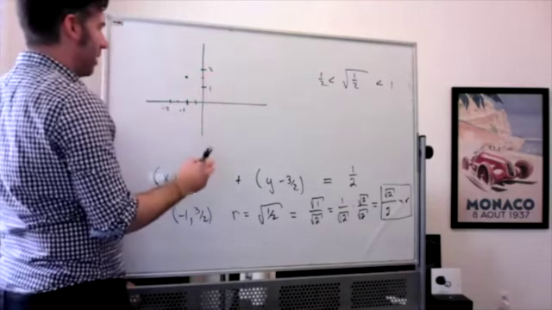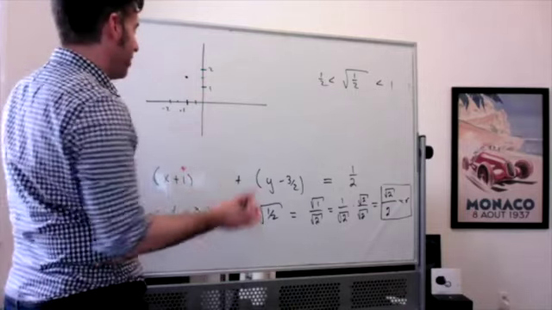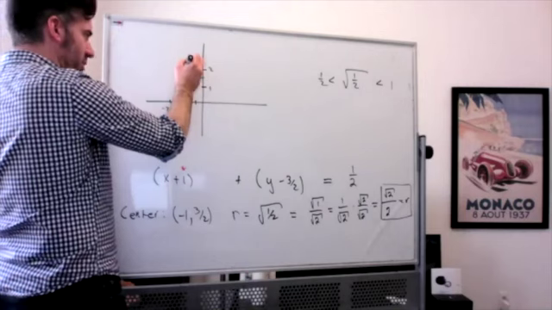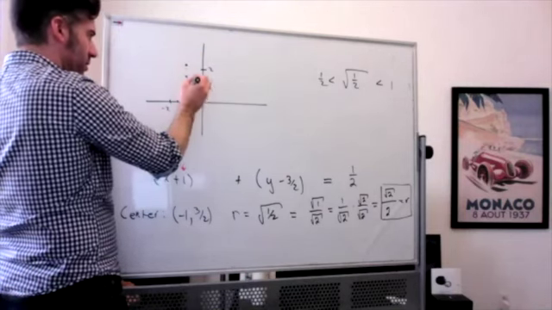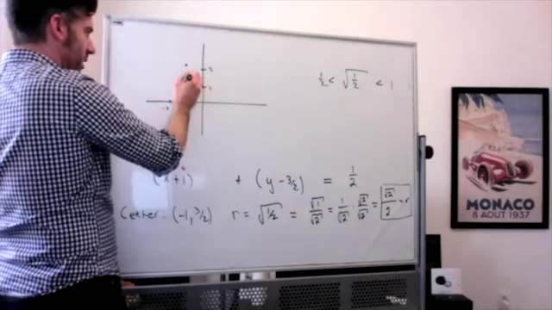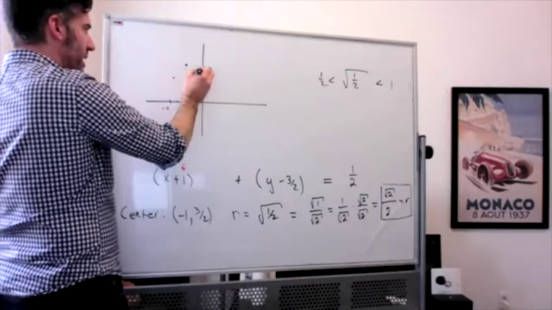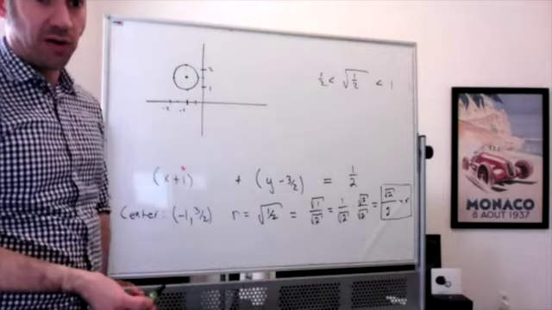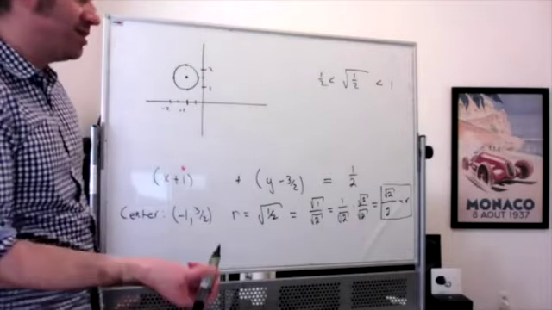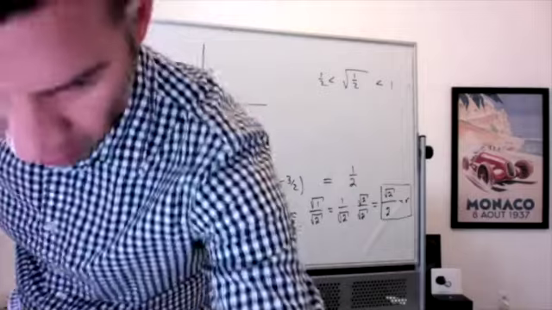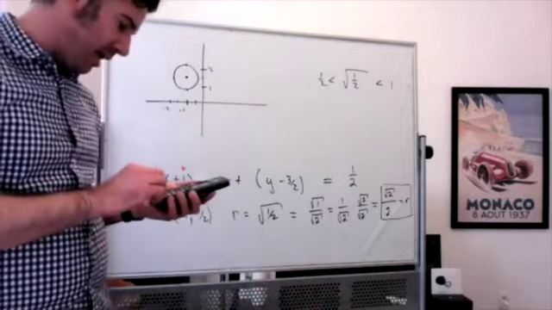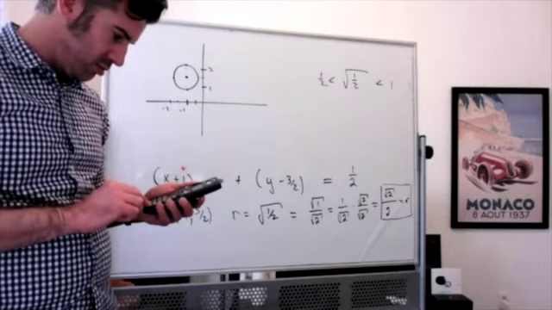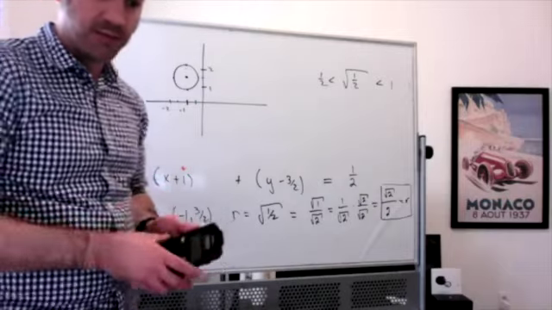Okay, so I know it's a little bit bigger than 1/2. So I'm going to go a little bit more than a half away. So there's a half away, and then a little bit more, in each direction. So when I'm graphing a circle and I don't know exactly the value, I could use a calculator and find out that the square root of 1/2 is about 0.7.